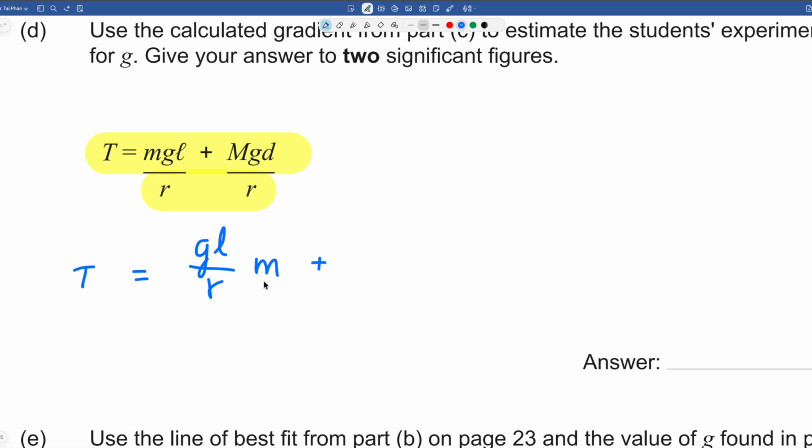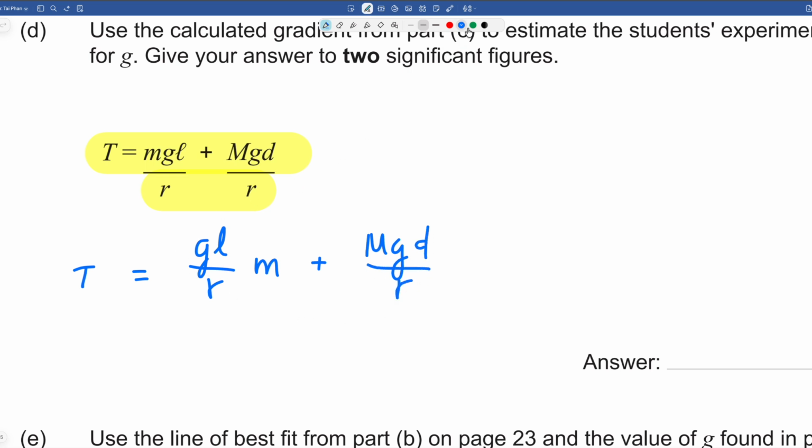The quantity on the x-axis, the horizontal axis, is the independent variable, while the quantity on the vertical axis, the y-axis, is the dependent variable. The second term m g d over r is the y-intercept.